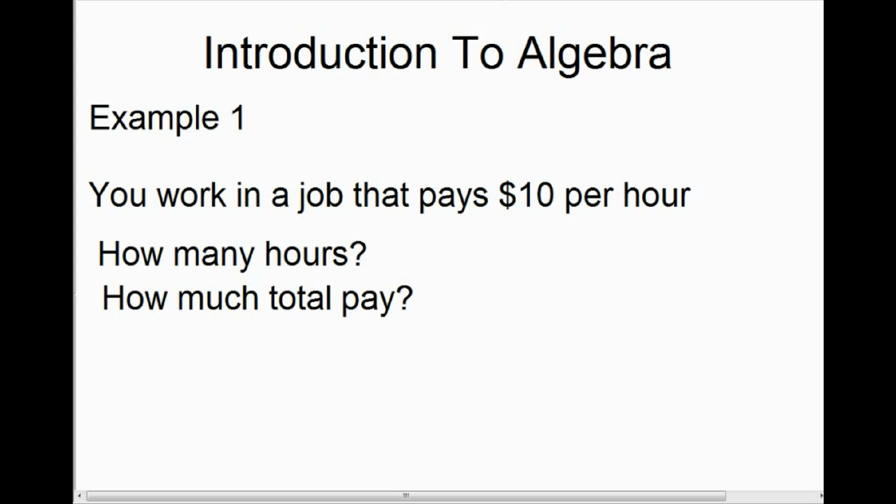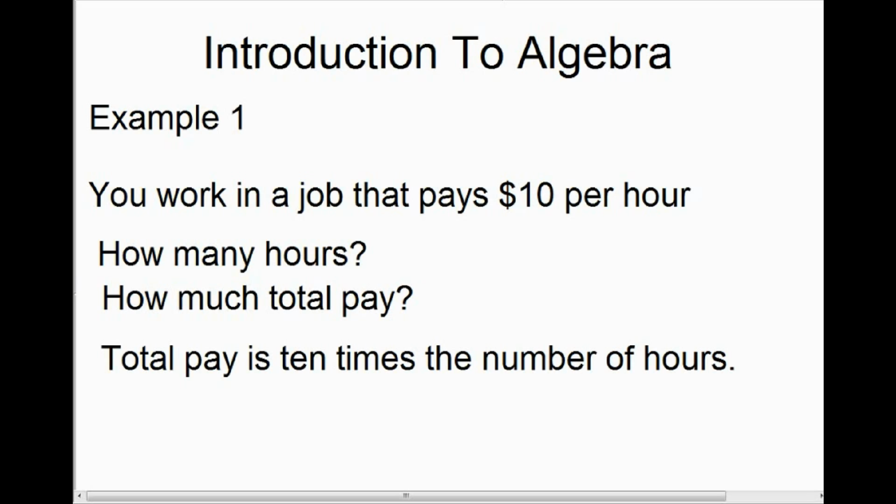And we can write that out just as an English sentence, which would look a little something like this. Our total pay is 10 times the number of hours, and we've seen a few examples of that. Well, now what we want to do is translate this English sentence into a math sentence.